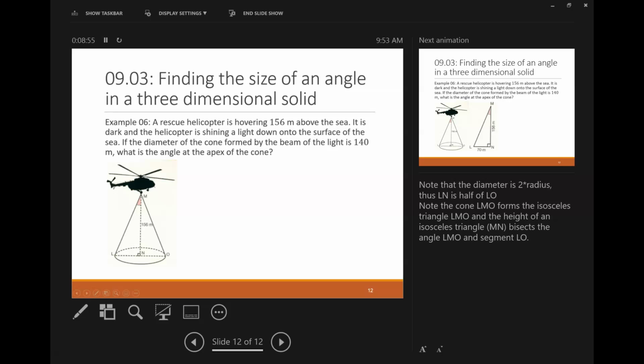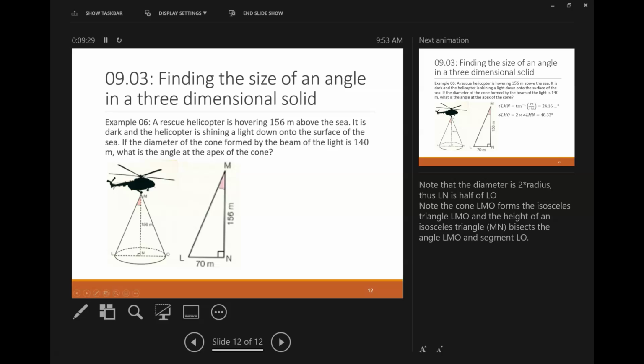So I know that the diameter is 140. So what I'm going to do is I'm going to make the calculation triangle LNM. And because the triangle LMO is isosceles, I can just calculate this angle up here and multiply it by 2 to get the whole thing. Everybody good with that plan? So there is my calculation triangle.